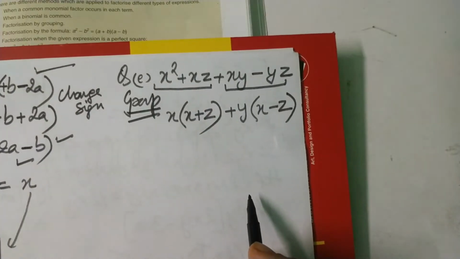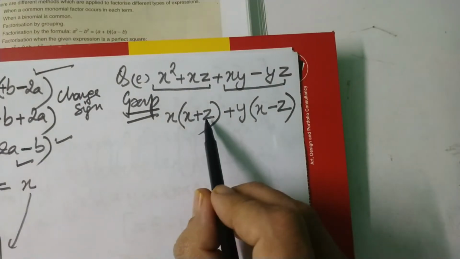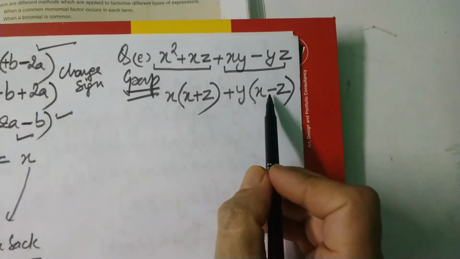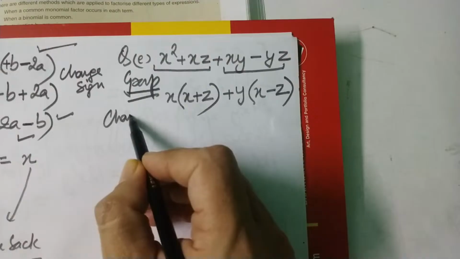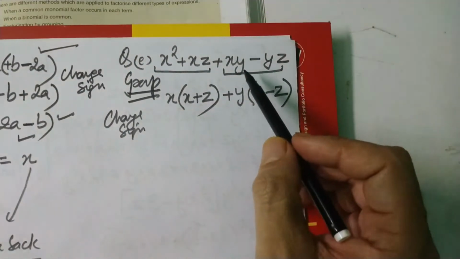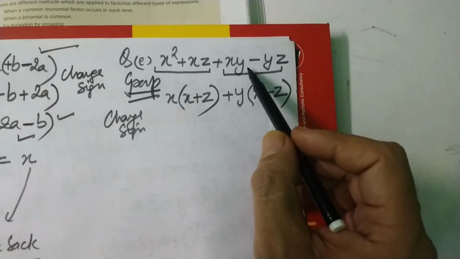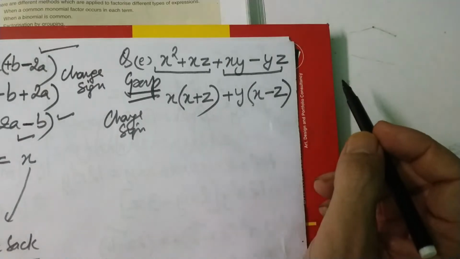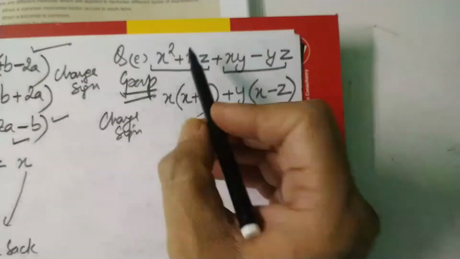Now I want this bracket to be same as this, but my bracket is x minus z and this is x plus z. So I will change sign. This should have been plus, but it is minus. Okay, there is an error.